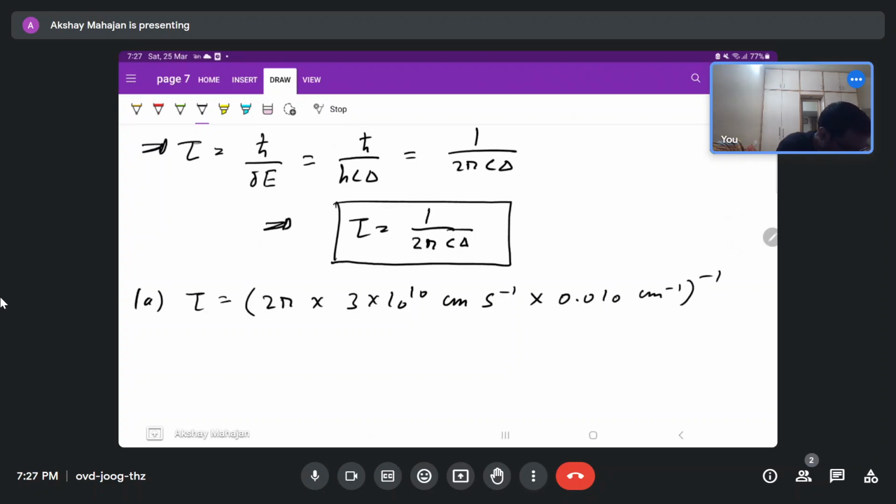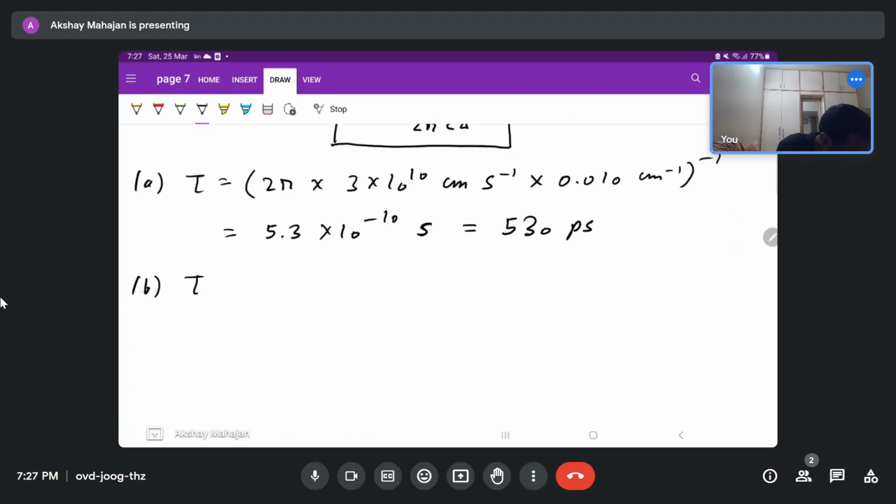If you calculate, this equals 5.3 into 10 to the power minus 10 seconds, which is 530 picoseconds.